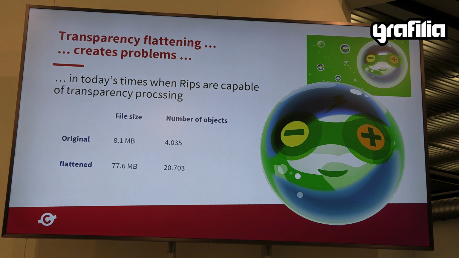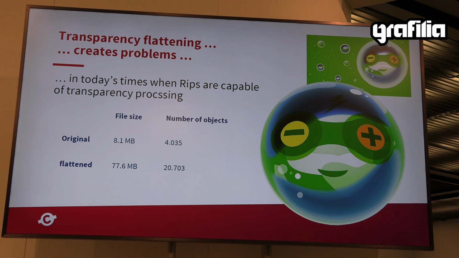And that is easy for the file that we've just seen, but this is a real-world example that a couple of years ago created lots of problems throughout the prepress departments in the world because it was so complex. The original file had 8 megabytes and 4,000 objects already. The transparency flattened file has 77 megabytes and 20,000 objects.